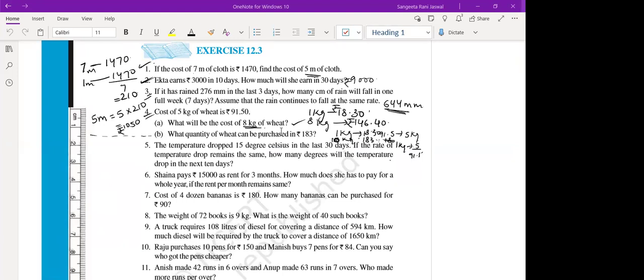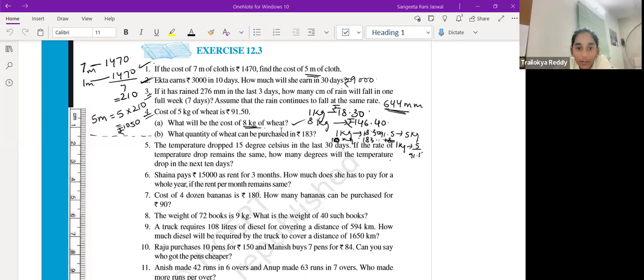Okay, so let's see the 5th question. I'll start with Trilokya. Trilokya, you read the 5th question. The temperature dropped 15 degrees Celsius in the last 30 days. If the rate of temperature drop remains the same, how many degrees will the temperature drop in the next 10 days?